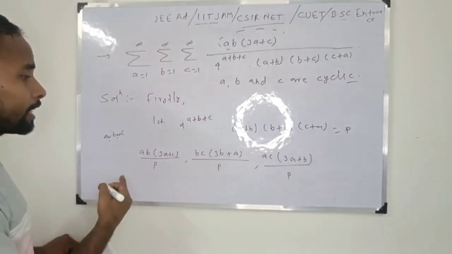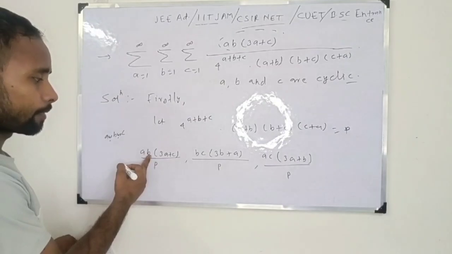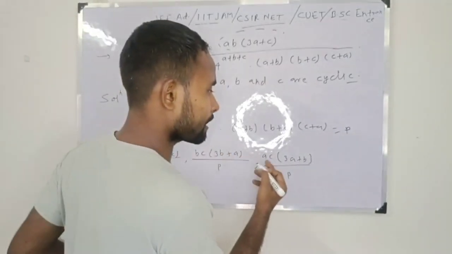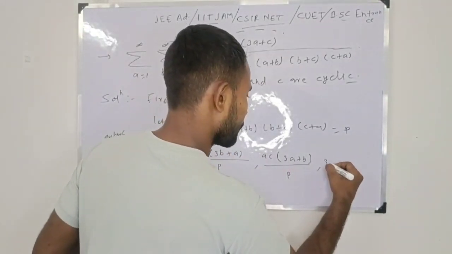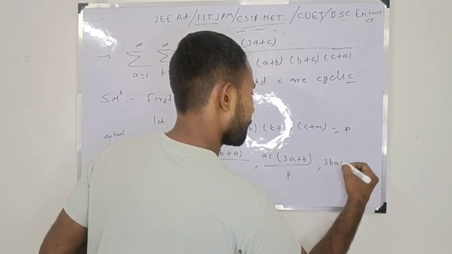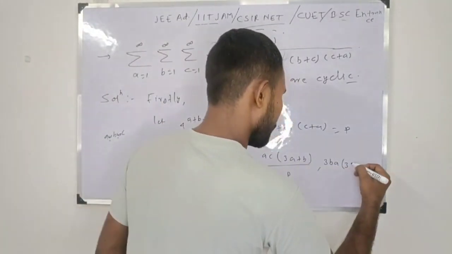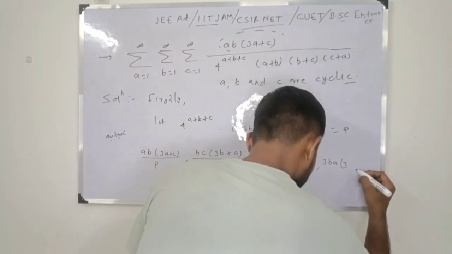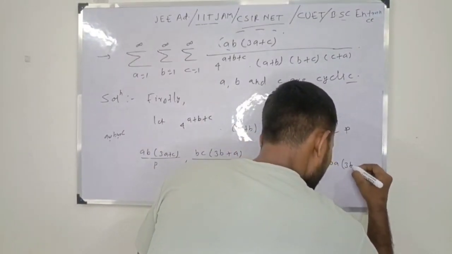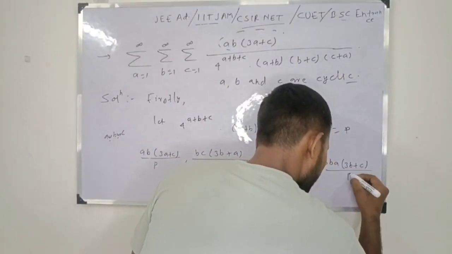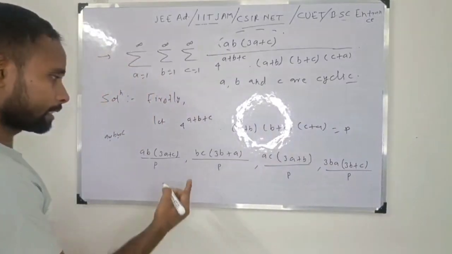Again, if you replace A by B, there will be 3B plus C upon P. And the next term is your BC.